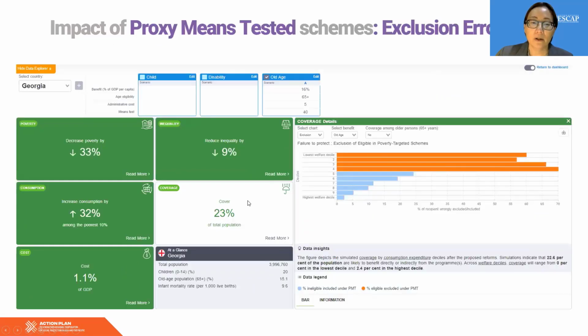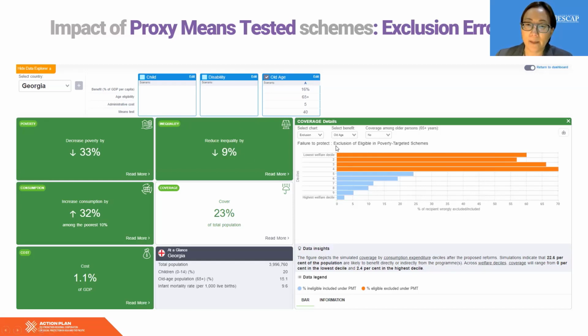In addition, when we look at the same poverty targeted scheme in terms of coverage, we also see, as Stephen Kidd highlighted earlier in his presentation, the exclusion errors that would result from applying a proxy means test as a means of identifying the eligible households to receive the poverty targeted benefits.